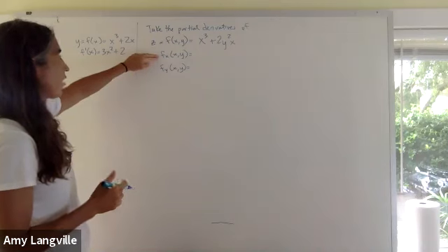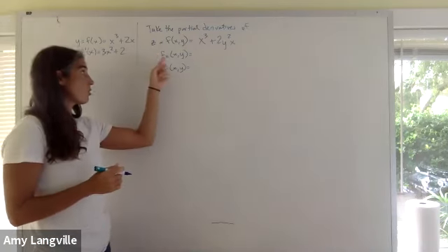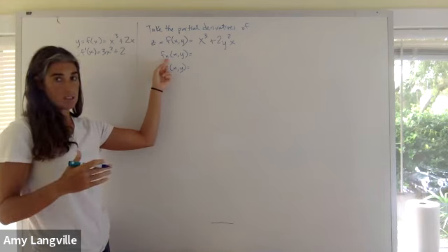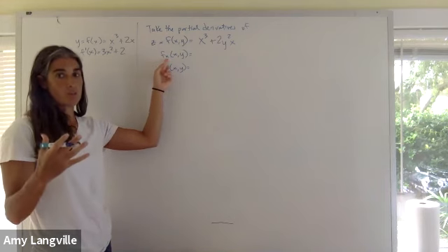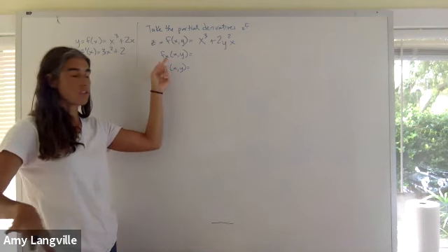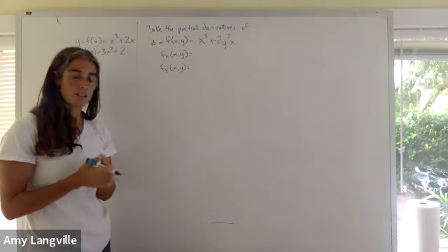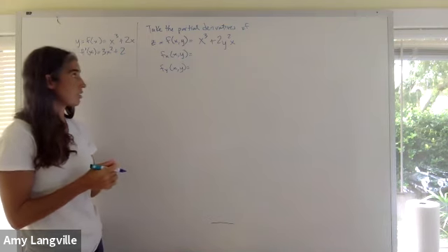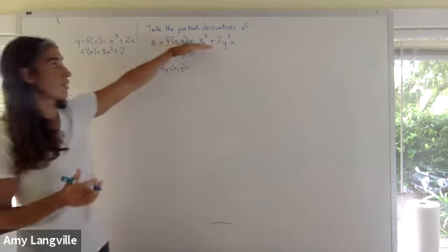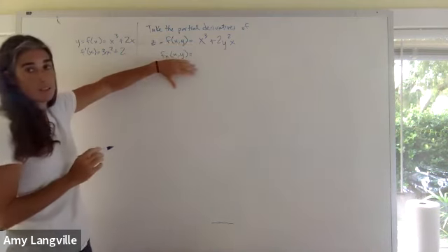Okay, so in this case, how do we compute this partial? Well, the key here is when we see a partial with respect to x, that's the variable we're going to focus on, and that means anything else is a constant. So we're going to treat this y like a constant. I do this in the beginning and it often helps students, to think about the original function. We'll come back to the with respect to y, let's just focus on with respect to x now.